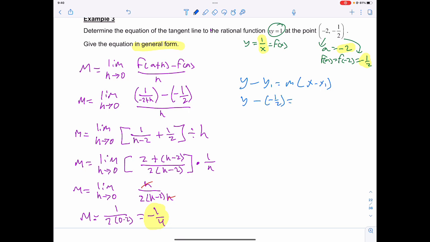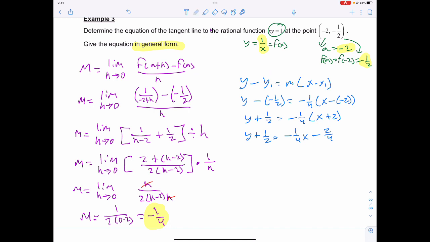Use my slope that I just solved, -1/4 bracket x minus -2, which means I actually have y plus 1/2 is equal to -1/4 x plus 2, or y plus 1/2 is equal to -1/4 x minus 2/4, or 1/2, whichever way you want to do it.